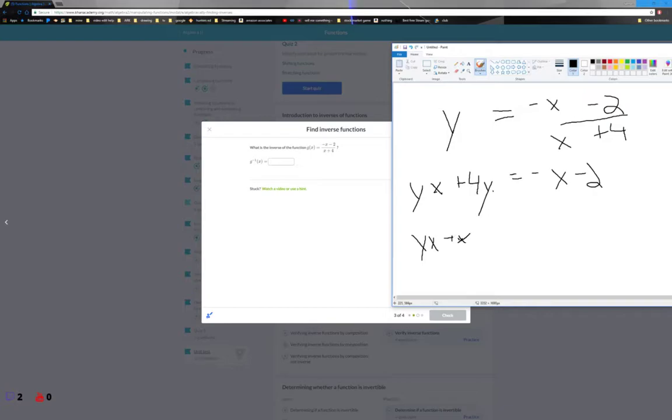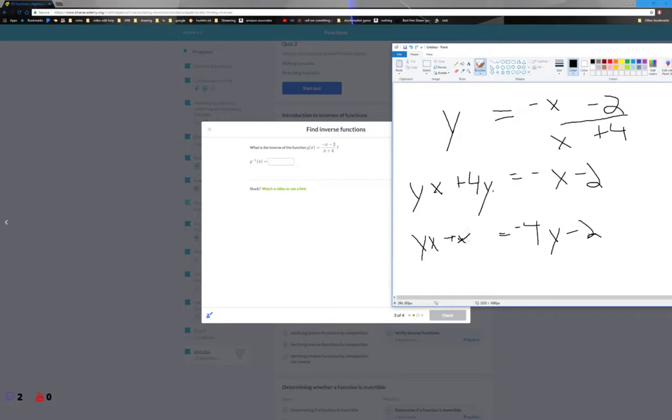Equals, and we're going to move this 4y over to the other side: negative 4y minus 2. There we go. And so we have yx plus x equals negative 4y minus 2.